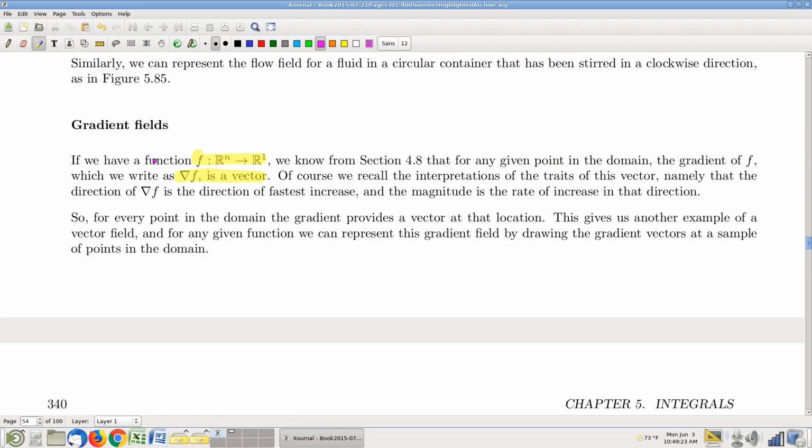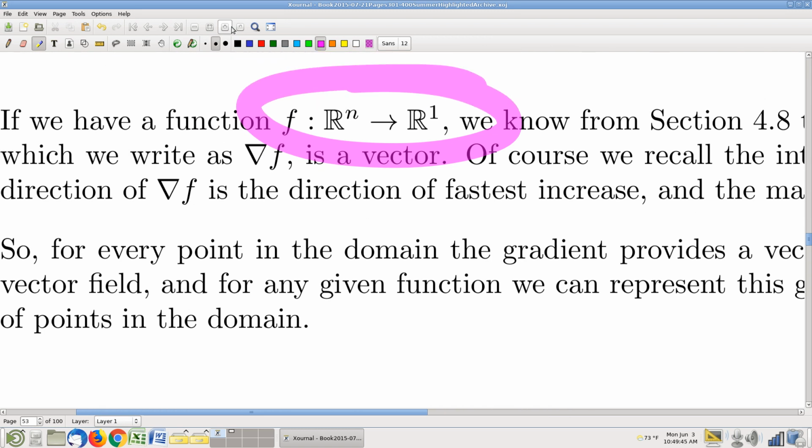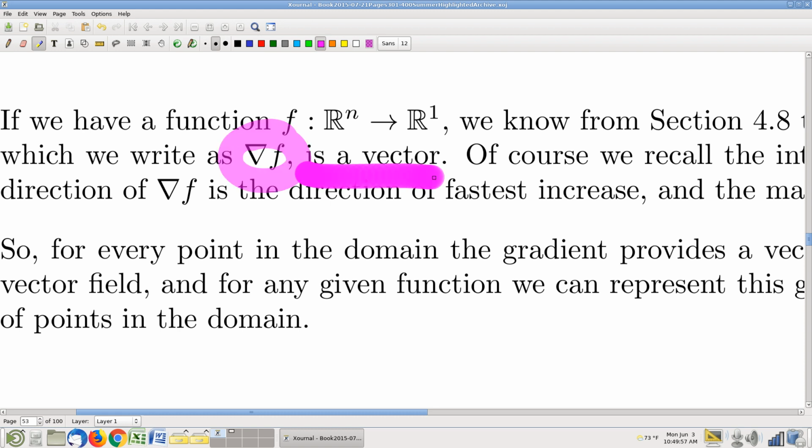Okay, so here's another kind of vector field. We've actually seen this one before. You can probably see this coming. You see where it says gradient right there. We didn't think of these as vector fields at the time, but here's what we did do. If you give me a real valued function, where the output values are real numbers, we've talked about how at any given point you can compute this thing called the gradient, which of course is a vector.